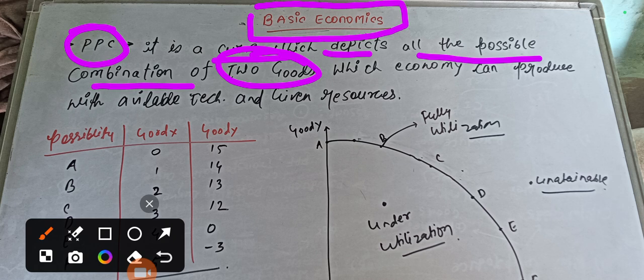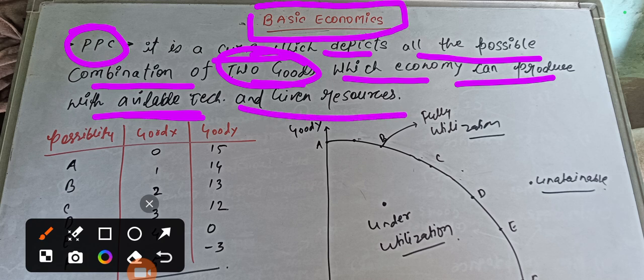Already I said in the assumptions that we'll assume two goods for production. It shows the combinations of two goods which an economy can produce with the available technology and given resources. So with the technology and resources we have available, we will produce two goods.